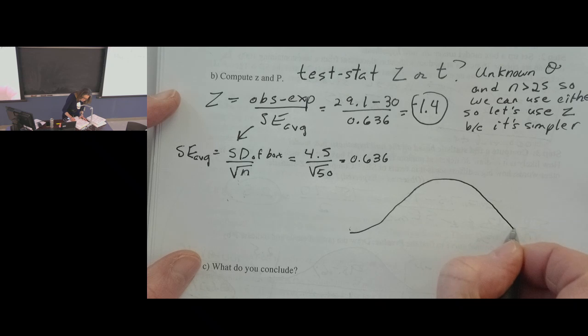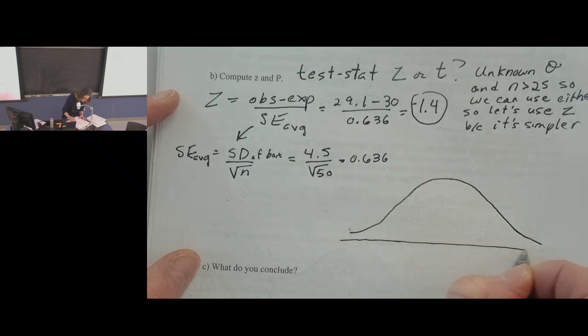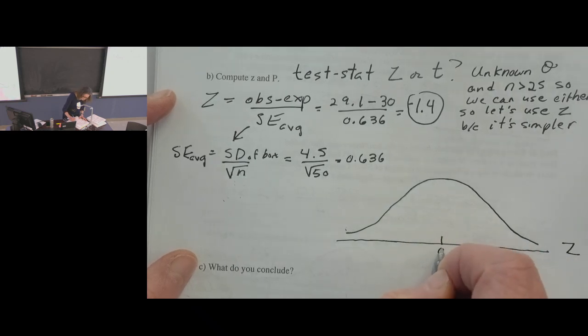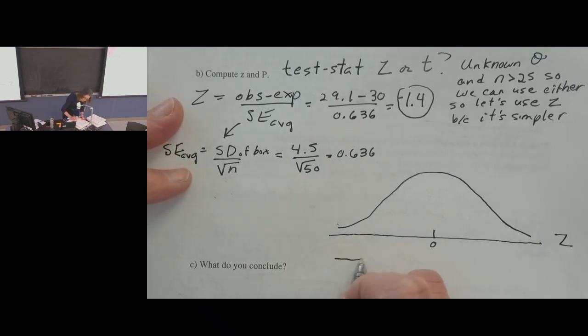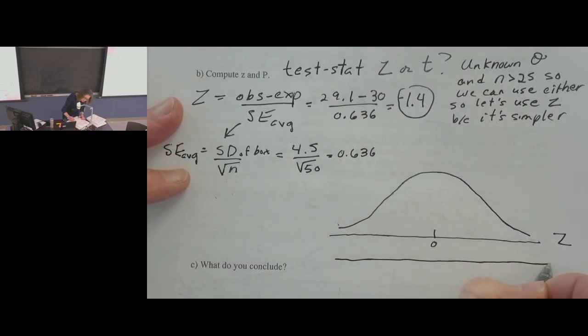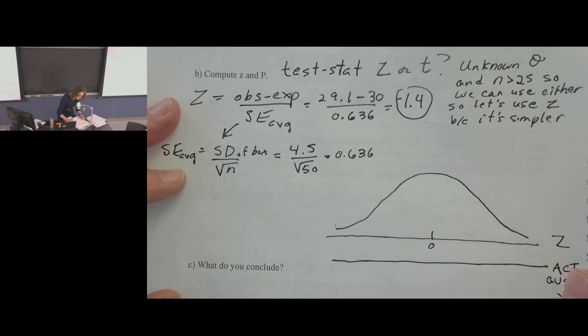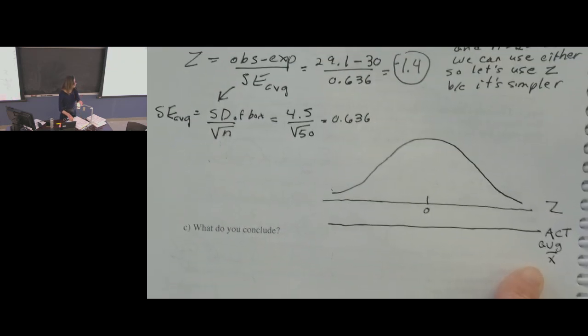This is sort of the intuitive idea here. And this right here, as a z-score, zero is in the middle. But as an ACT average, this is X bar right here, what would we expect?